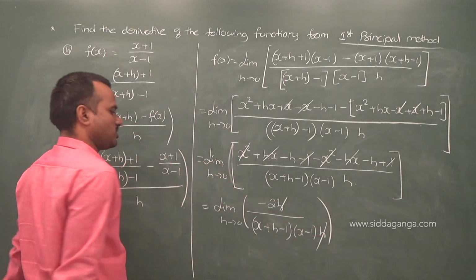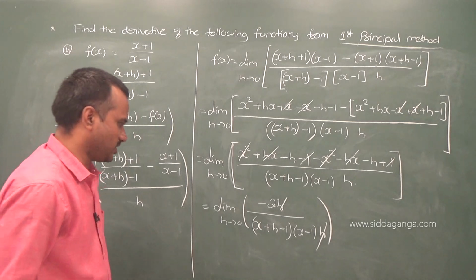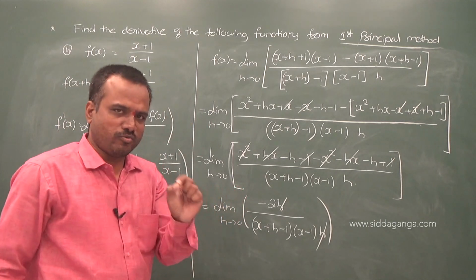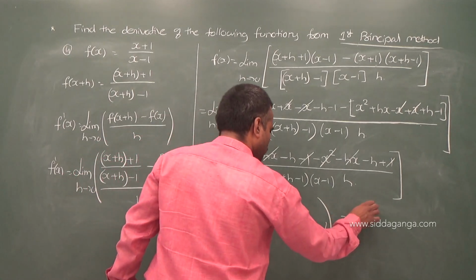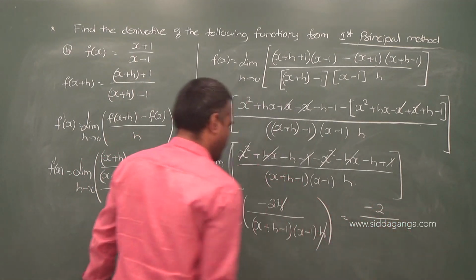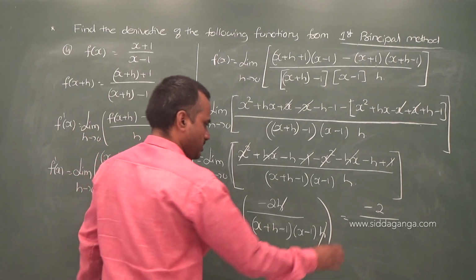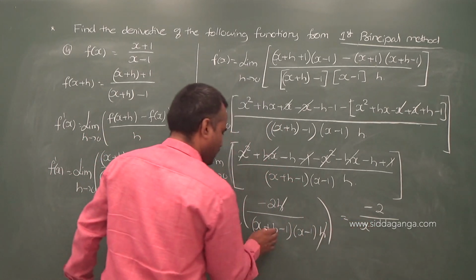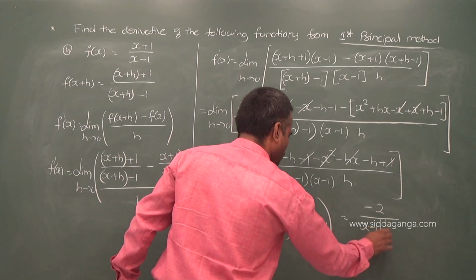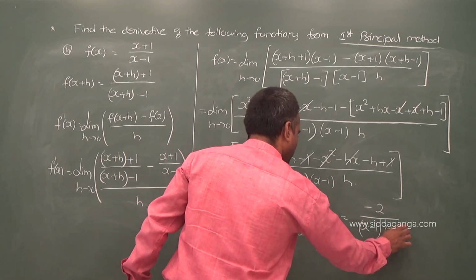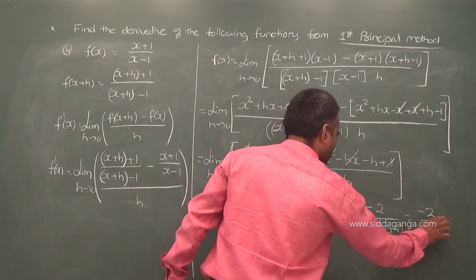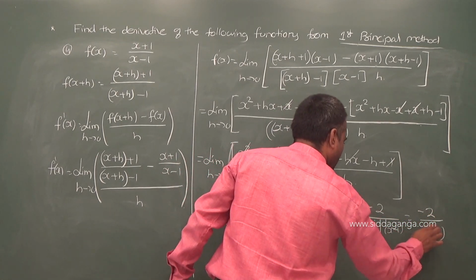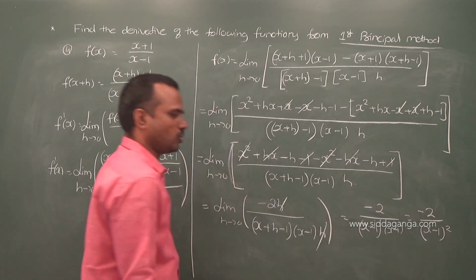This h cancels. Wherever h is present, substitute 0: minus 2 divided by (x minus 1)(x minus 1). So the answer is minus 2 divided by (x minus 1) whole square.